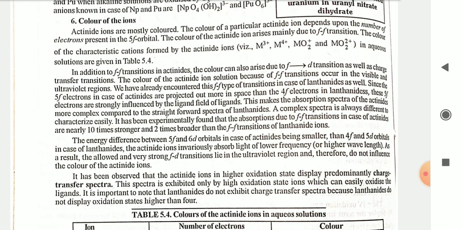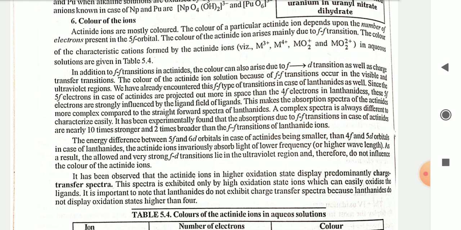This makes the absorption spectra of the actinides more complex compared to the straightforward spectra of lanthanides. It has been experimentally found that the absorption due to f-f transition in actinides is nearly 10 times stronger and 2 times broader than f-f transition of lanthanide ions.